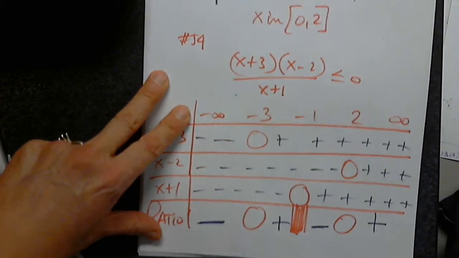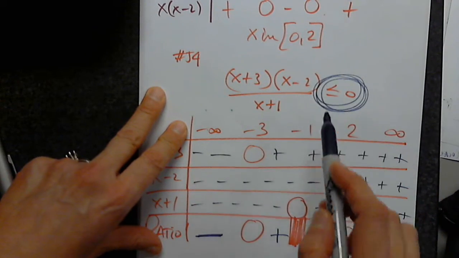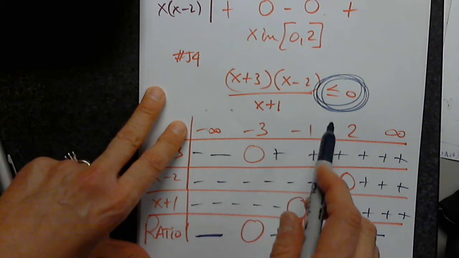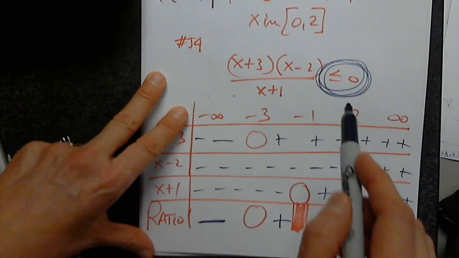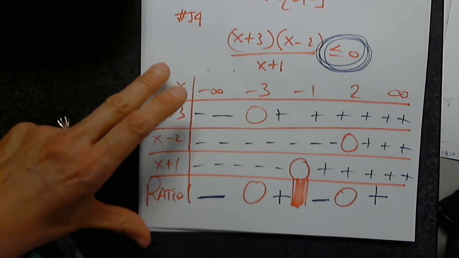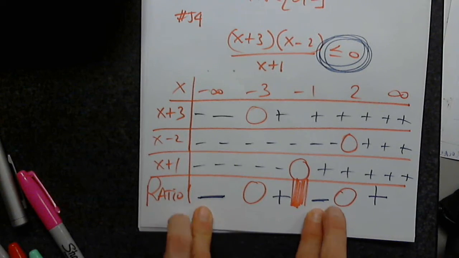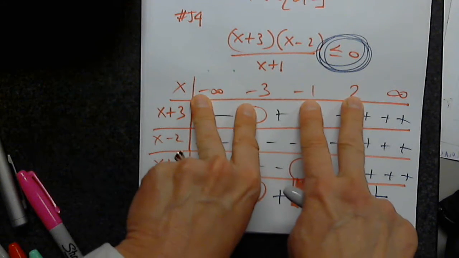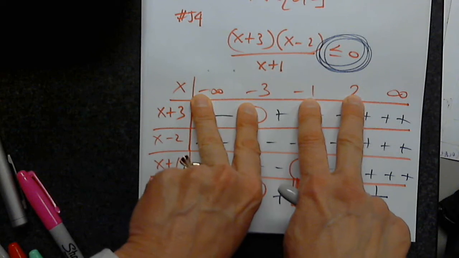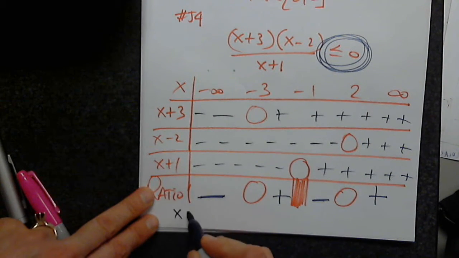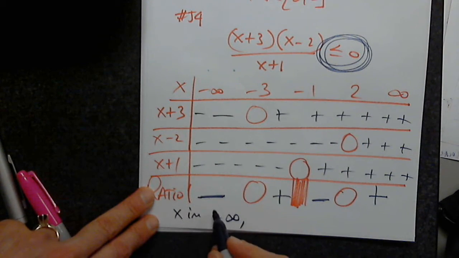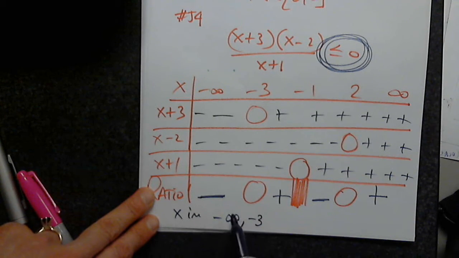Good. Only now, I'm asking myself, okay, what does this want me to choose? What does the inequality want me to choose? Negative. So the ratio is negative in two different situations. So x in the interval, negative infinity, comma, negative 3, parenthesis or bracket.